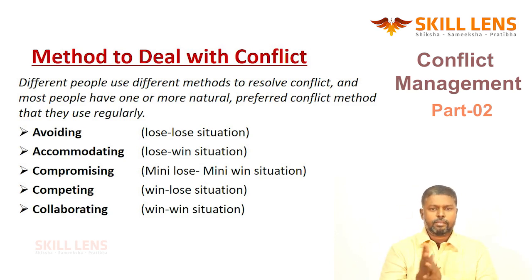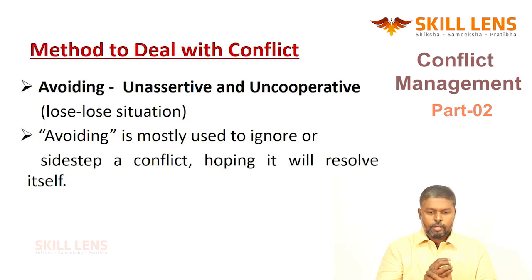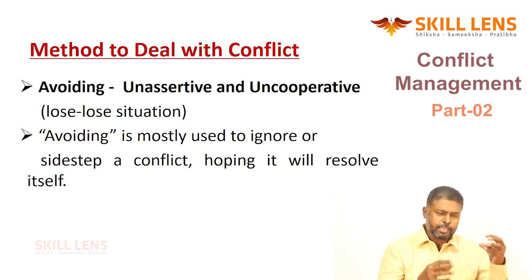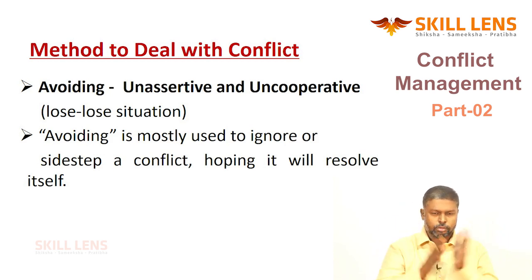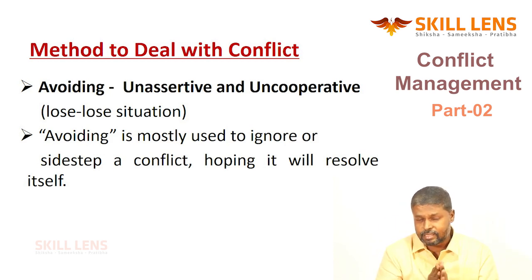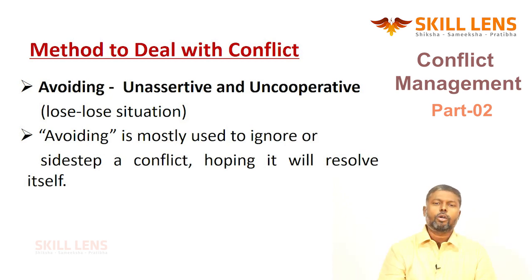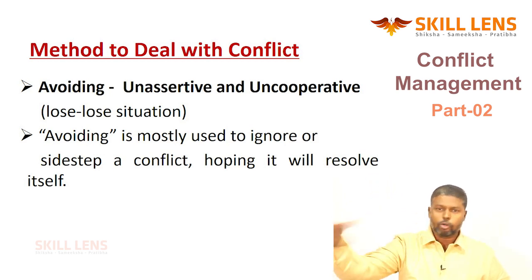The rest of the video will continue, where we'll go into detail about these. Now we will go to the first method to deal with conflict, which was avoiding. Avoiding, as I said, is being unassertive and uncooperative, both. This is where we completely ignore the whole situation, thinking that it will go away.